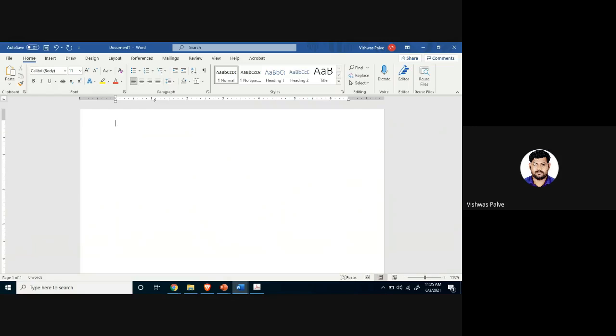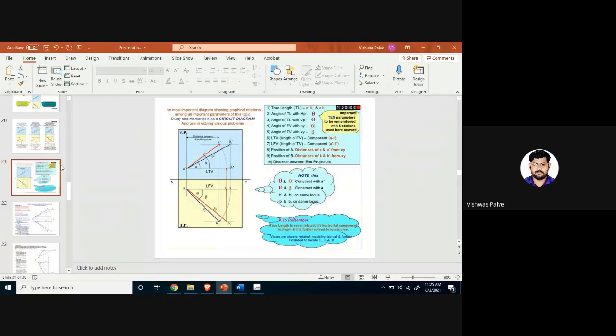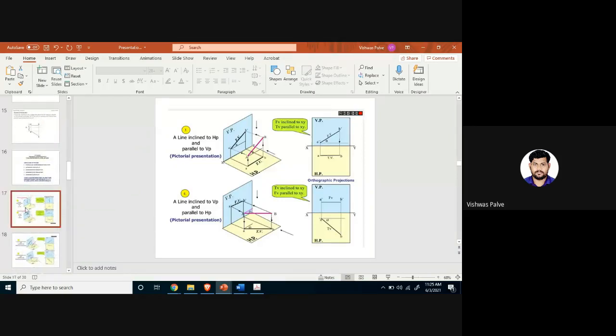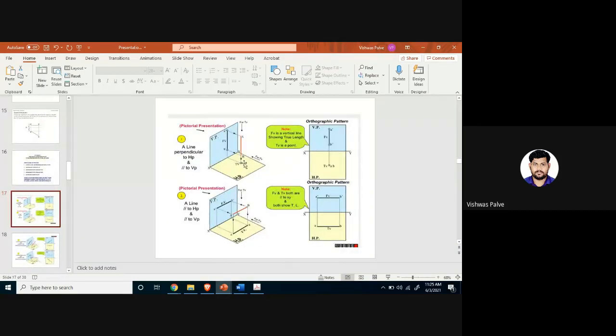Again, in today's lecture, we'll go through it and then we'll start with the inclination. So let us revise that part first. When a line is parallel to both the reference planes, we'll see how the condition looks. So this is on the screen.